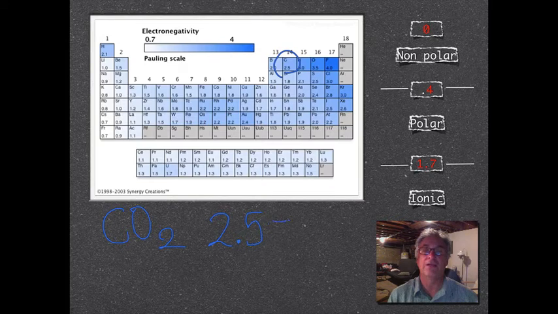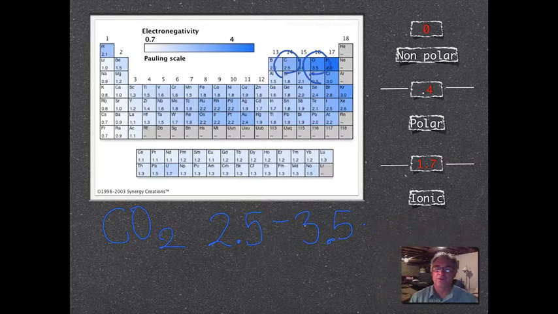And we're going to subtract it from oxygen, which is 3.5. So we have a number of 1, and this 1 will fit somewhere right in this region. So it would be considered to have a polar bond.